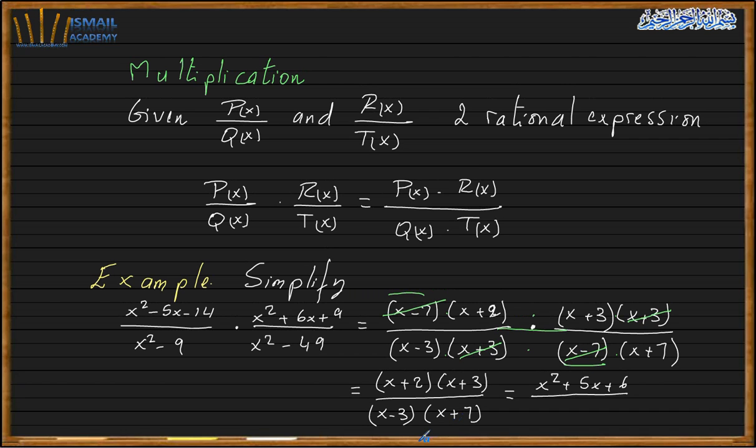After you multiply, this is in general how you do the regular multiplication with this part. You give the answer. But always trying to simplify is better. You always get the simplest form.